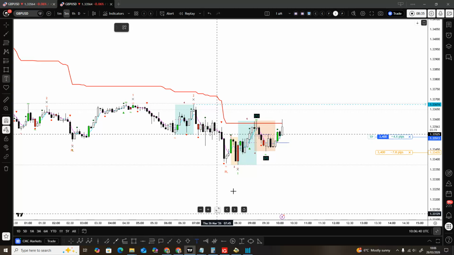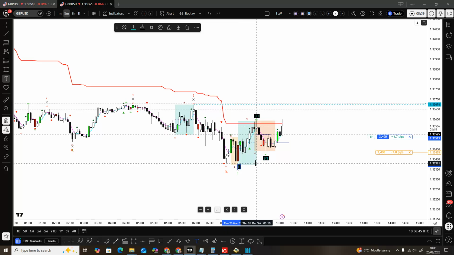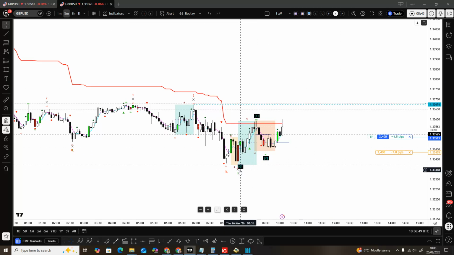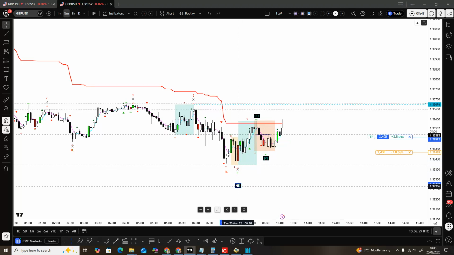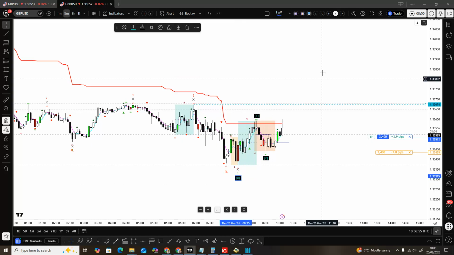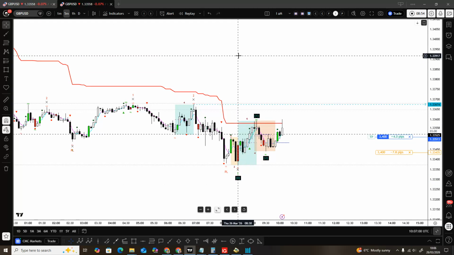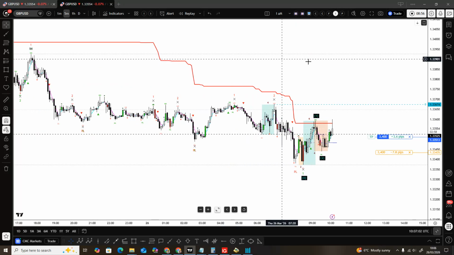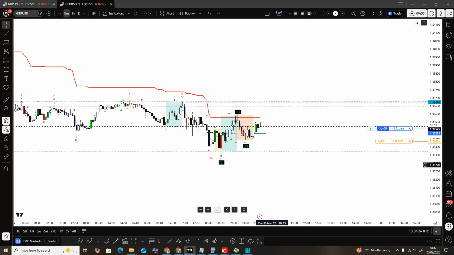In terms of wave structure, we don't know. Like I said at the beginning of this video, I'm not bothered about where the price goes. What we have to focus on is, are we trading correctly, following the simple rules. Another thing we have to keep in mind is you have to put yourself in the shoes of those who are making money.